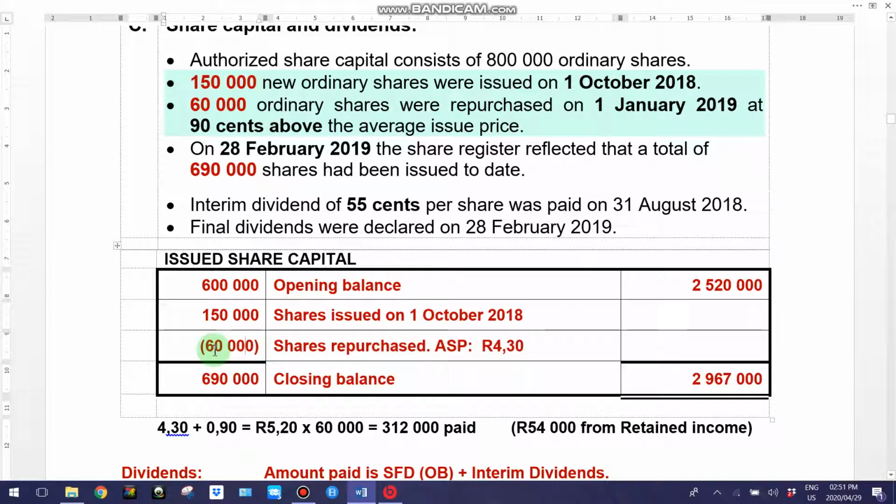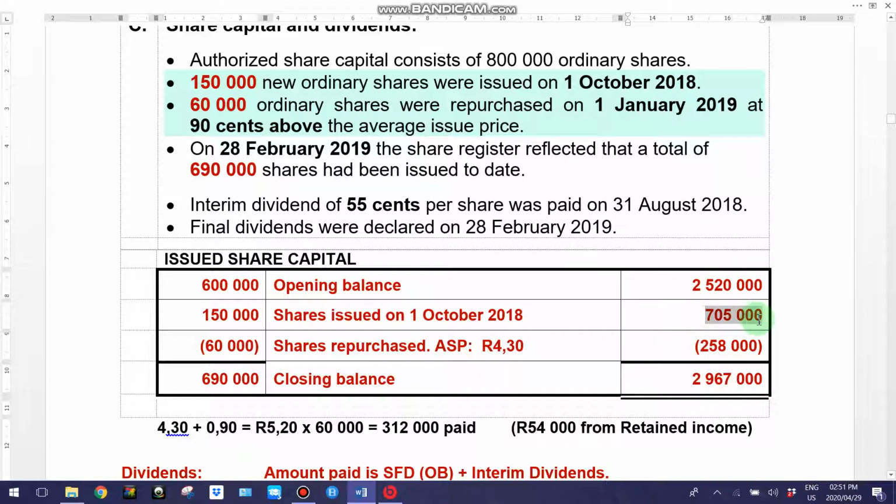So I multiply this out, 4.30 times 60,000 shares, and I see that this is what ordinary share capital has contributed towards buying back these shares. And now I can look at these figures to find a balancing figure here, and that's how I get the amount of the new shares issued during the year.